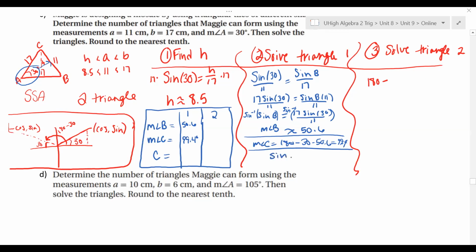Sine of 30 over 11 equals the sine of 99.4 over C. Then if I do my cross products and divide by the sine of 30, I get that C equals 11 sine of 99.4 divided by the sine of 30, which is approximately 21.7.